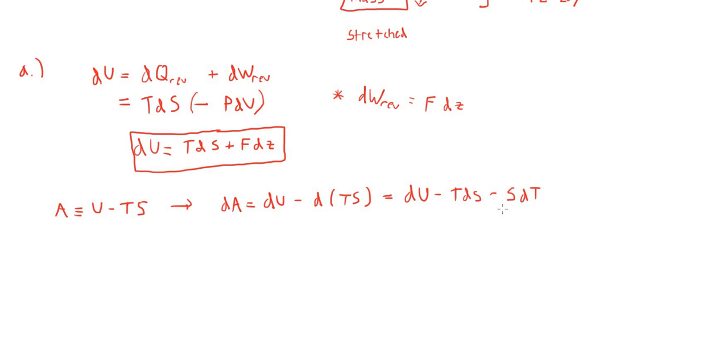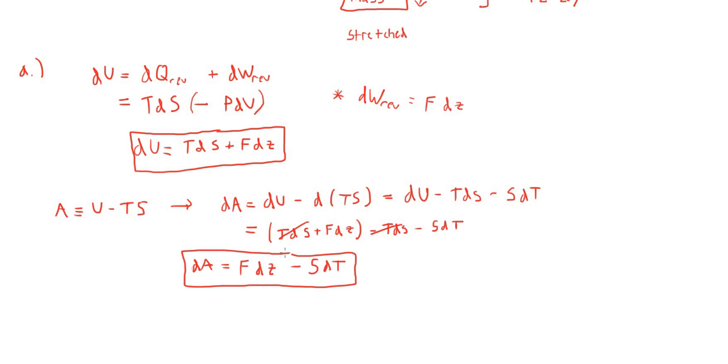Now from this expression, I'm going to plug in the expression for dU that we already calculated up here. So from here we can cancel out the TdS terms and simplify. And this is our final expression for dA. Now for part B.